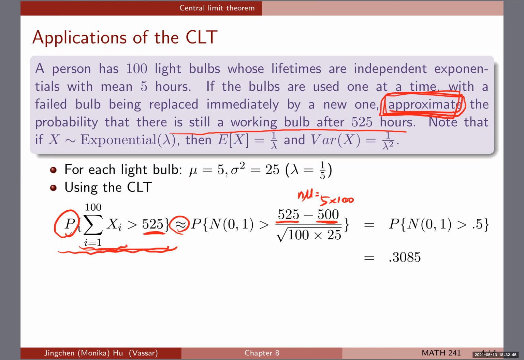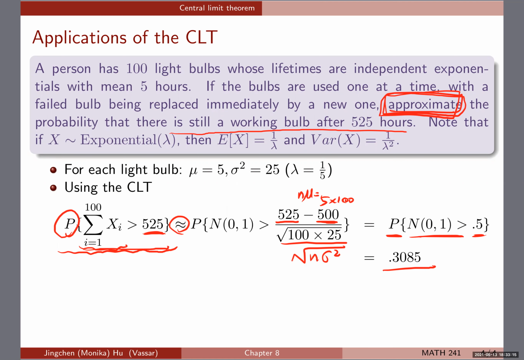And below it is the square root of n sigma squared. So this is essentially the probability that the standard normal is greater than 0.5. If you go to our z table, you'll find this probability, which is 0.3085. So that's the approximate probability that there will be a working bulb after 525 hours.